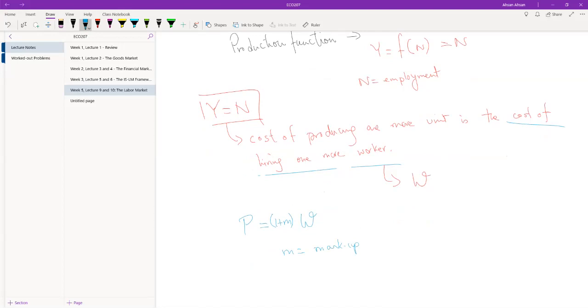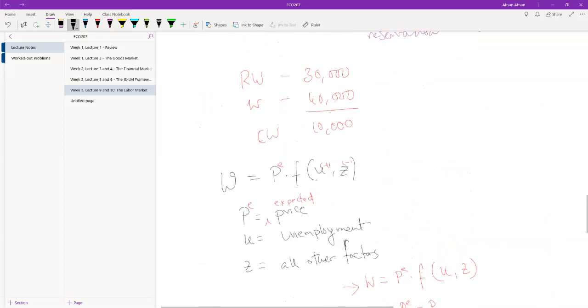What that means is that if we produce something for 100 taka, when we sell it, we're going to mark it up by 10%, which means we produce it for 100, we sell it for 110. If you have a markup of 20%, we sell it for 120. And so that is what this is. M tells us the level of markup, which determines the price in the economy.